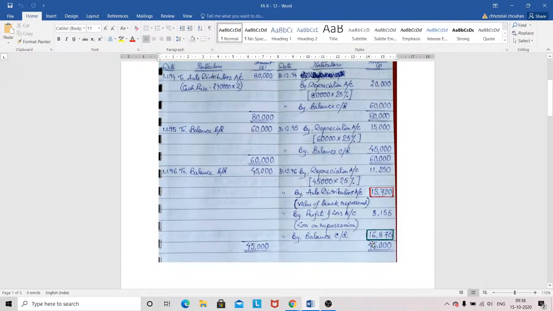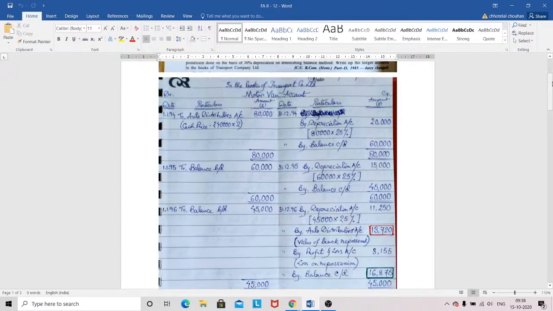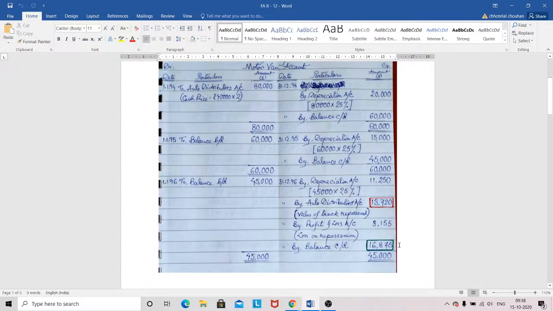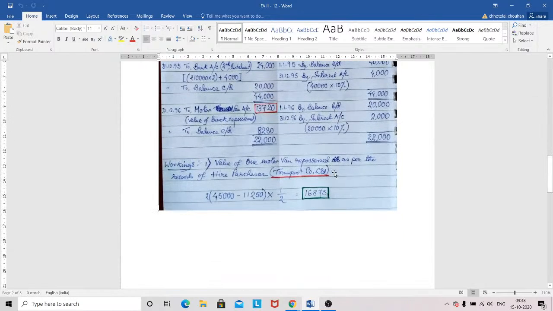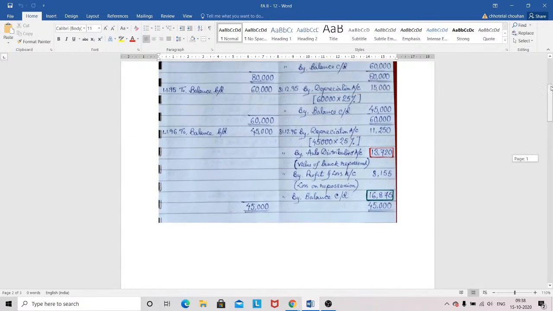Hire purchaser এর কাছে এই মোটর ভ্যানটা আছে, এই ভ্যালুটা ম্যাচ করলে আমরা বুঝতে পারবো মাই সাম ইজ কারেক্ট। ওকে, এই ভ্যালুটা যদি ম্যাচ করে, this balance c/d and this value of truck repossessed on the basis of the hire purchaser, if these two values match, then you can say that my sum is correct. Okay, so this is your partial repossession sum.